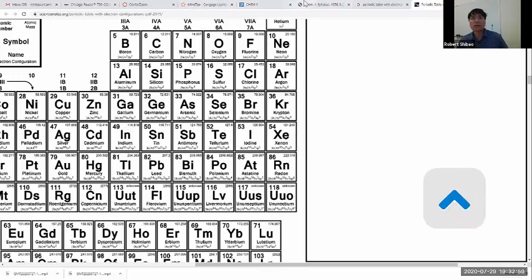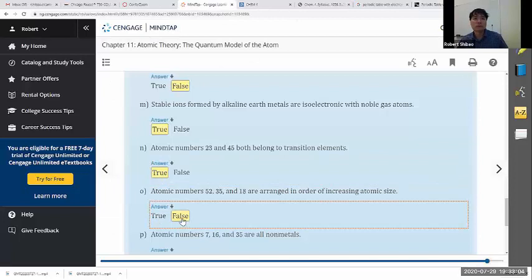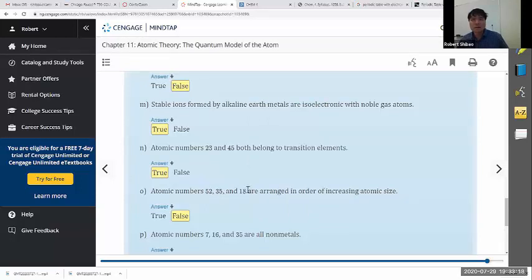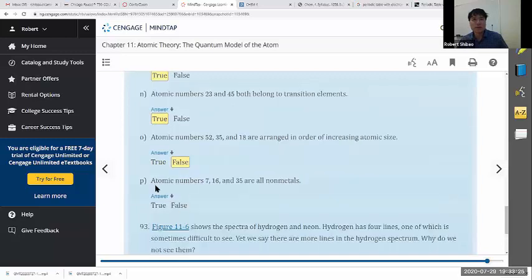Sure. Oh, increasing atomic size. See, I did it again. I did it as decreasing atomic size. The 5th shell should be the biggest, and 18 should be the smallest, but they want it in increasing size. So increasing is 18, 35, 52. So you've got to be careful with multiple choice.